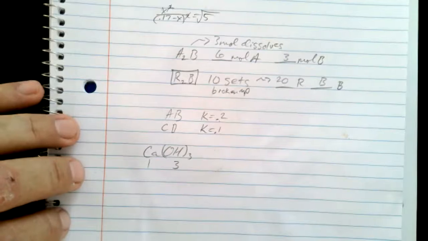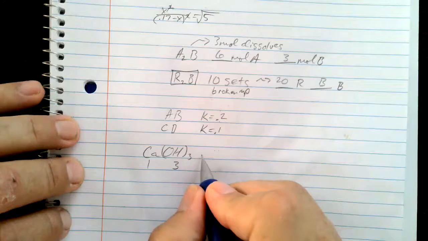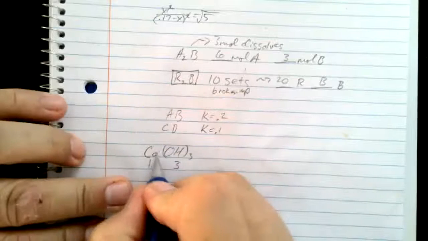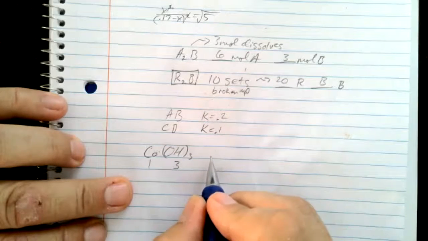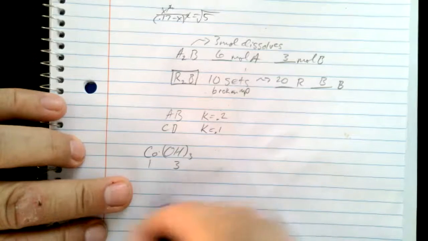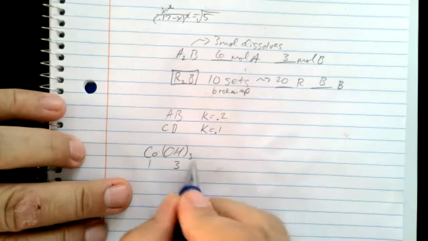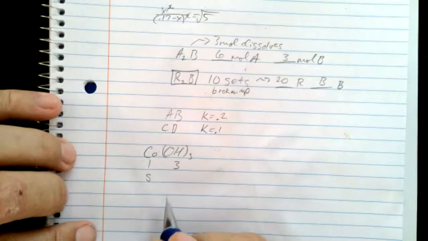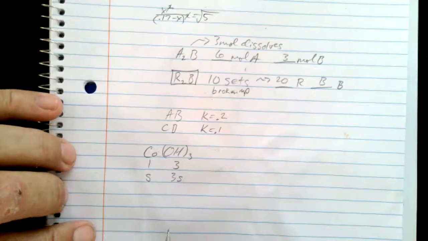It's cobalt. Oh, it's cobalt. All right. So I will get one of these and 3 of those. If I call dissolving one of these S, then I will get 1S, and then I will get 3S. Does that work?